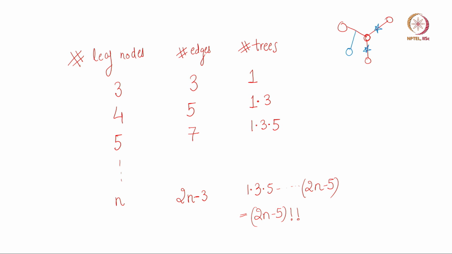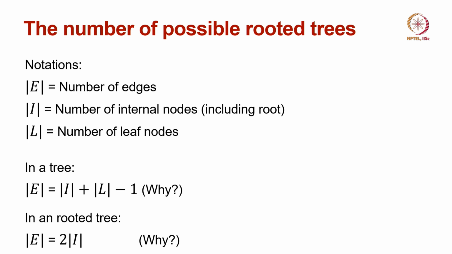We can do the same analysis for rooted trees as well. So this time you have the same property, and we have the same notation. Now, the number of internal nodes also includes the root node, and again you have the same notation. The same property holds, that is the number of edges equals the number of nodes minus 1.